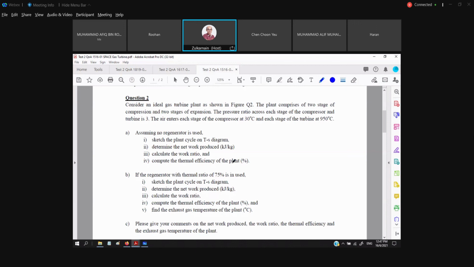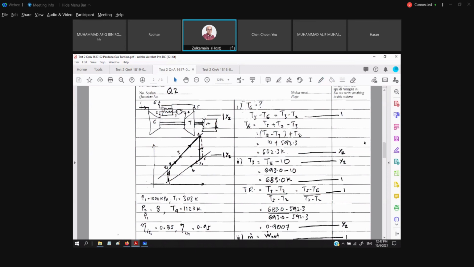Because this is the only question that we have incorporating all the features, the modification. And then for 16-17, this is the type of plant whereby we have the heat exchanger, only one compressor, one turbine, W net, and one shaft, right?